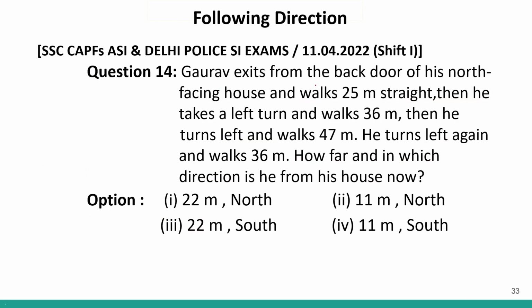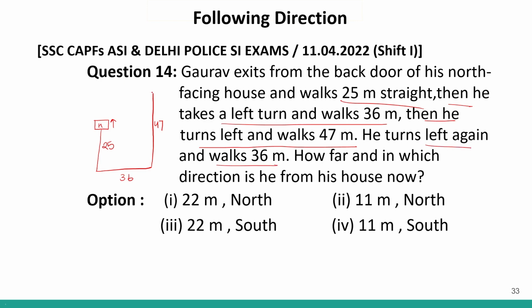Now, Gaurav exits from the back door of his north-facing house. So this is the house, facing north, and the back door will be here. He walks 25 meters straight, and then takes a left turn and walks 36 meters. Then he turns left again and walks 47 meters. Then he takes a left again and walks 36 meters.